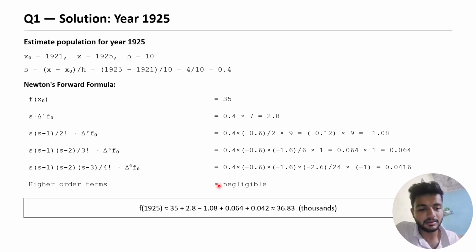We'll omit the higher order terms, and adding all these values 35, minus 1.08, 0.064, 0.0416, we get the population in 1925, which is 36.83, and it is in thousands, so 36.83 thousand.